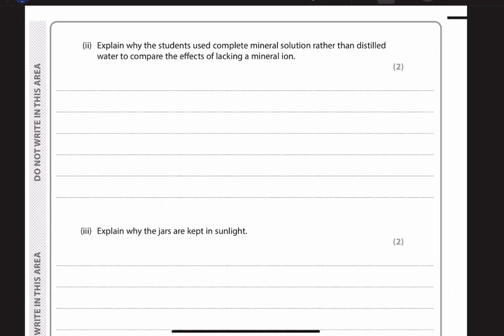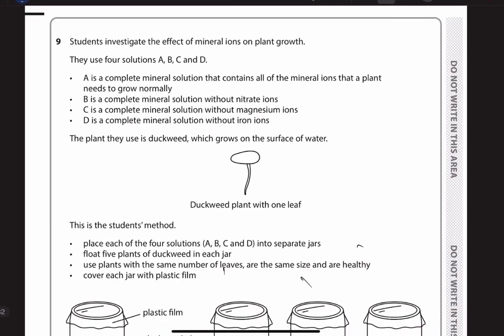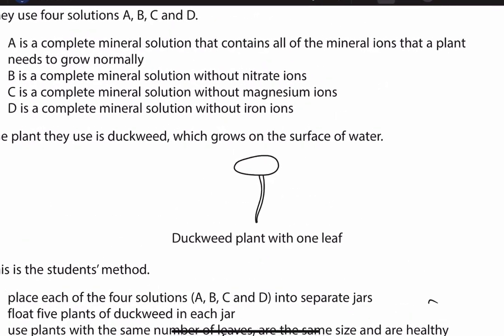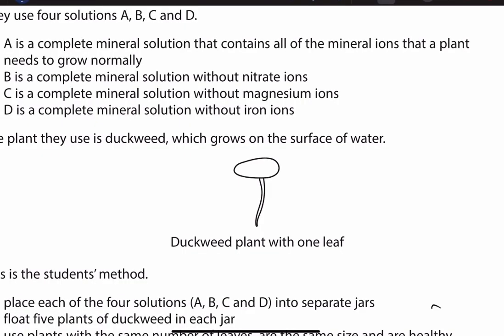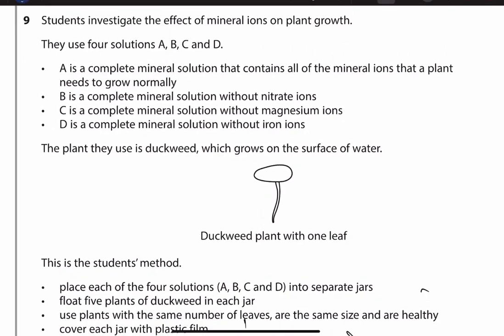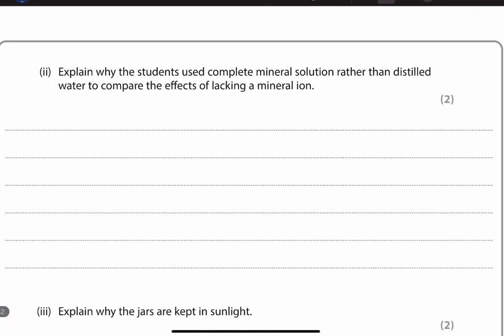Explain why the students used complete mineral solution rather than distilled water to compare the effects of lacking a mineral ion. Okay, so they used complete mineral solution without a certain ion. And then A is the one with the complete mineral with the ion.